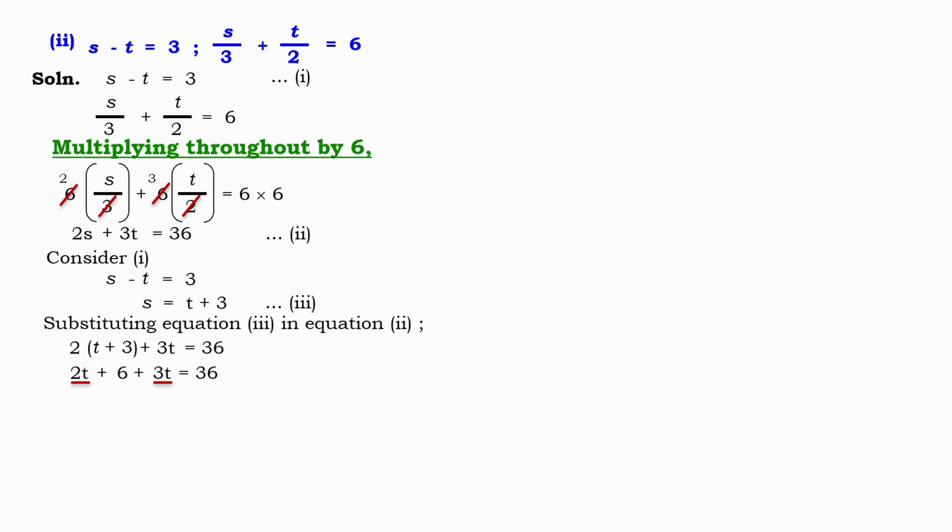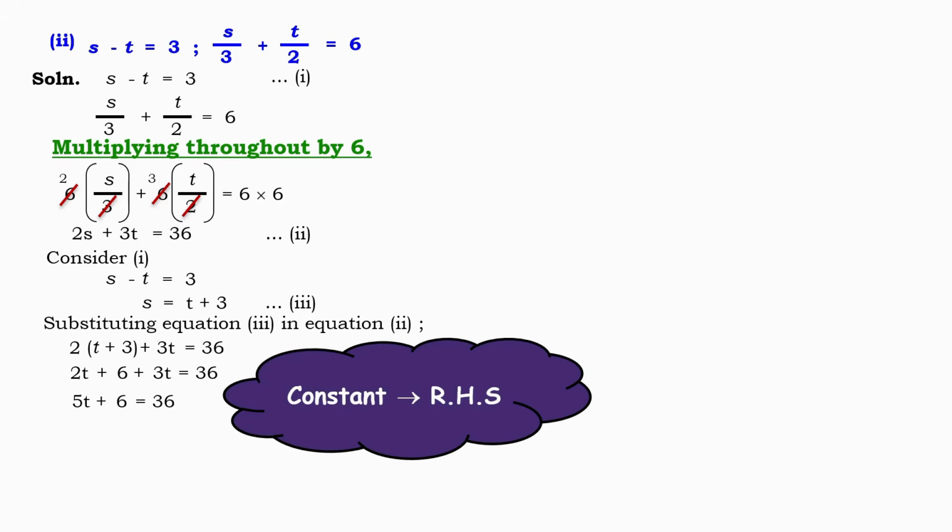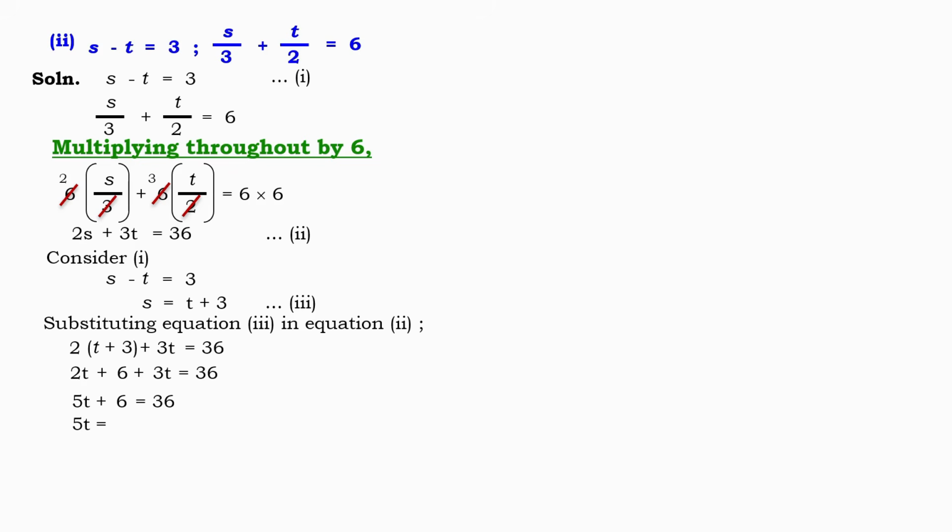Combine like terms. 5t plus 6 equals 36. Now move 6 to the right side. 5t equals 36 minus 6. 5t equals 30. Dividing both sides by 5, we get t equals 6.